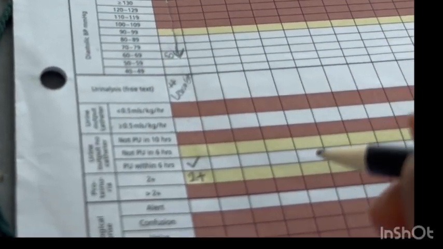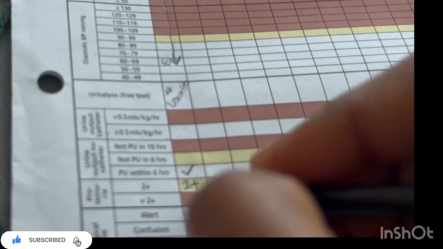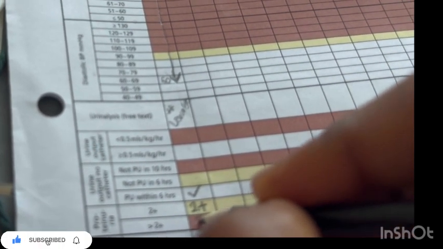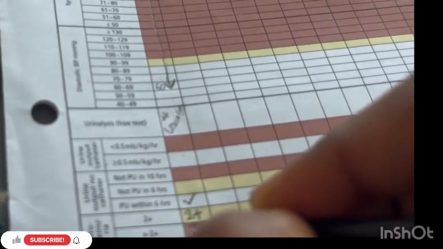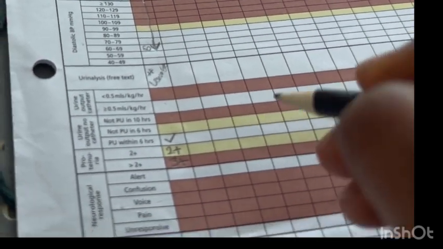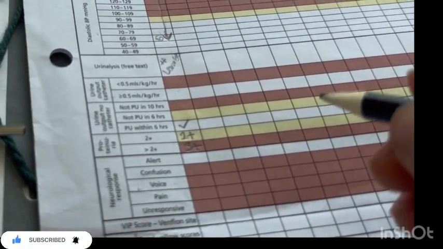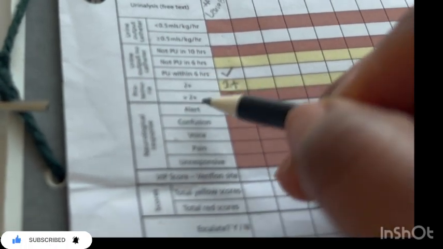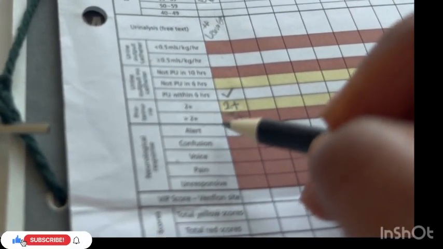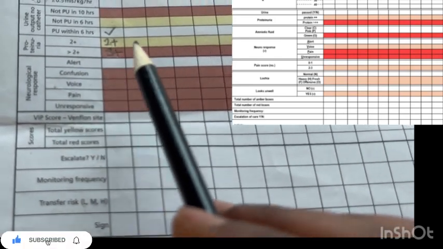If it is 3 plus, you make it 3 plus. Some people will go plus, plus, plus, which is 3, or plus, plus, which is 2, or if it is 4 plus, plus, plus, plus, all right? So whichever way, okay? But in the parameter here, you can see it is 2 plus, and then greater than 2 plus. I'm using the MEOWS chart on the NMC website. So whatever the parameter is asking you to do, you do it that way.